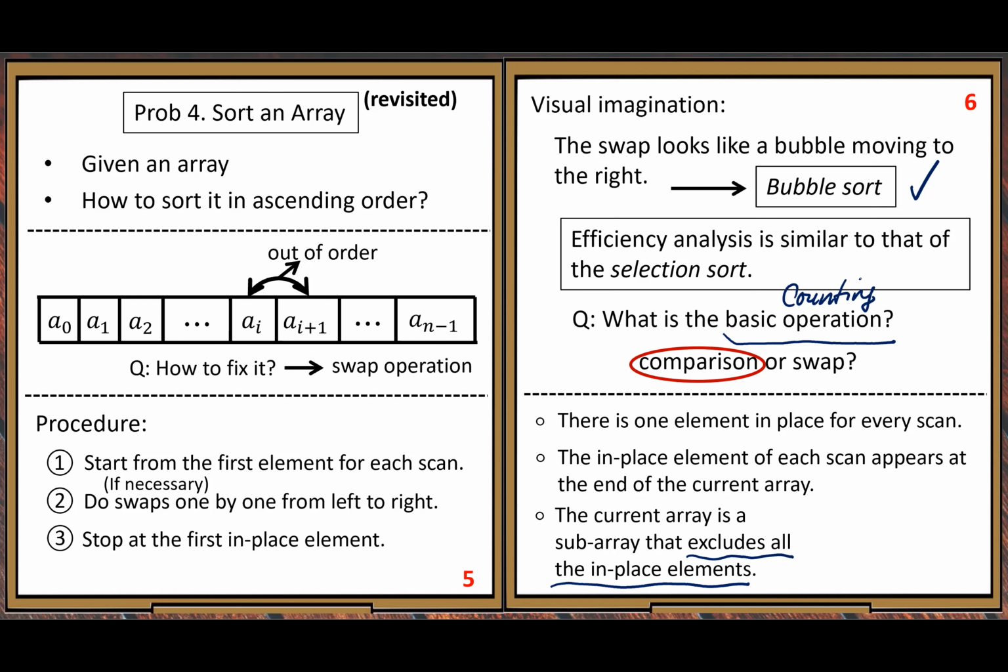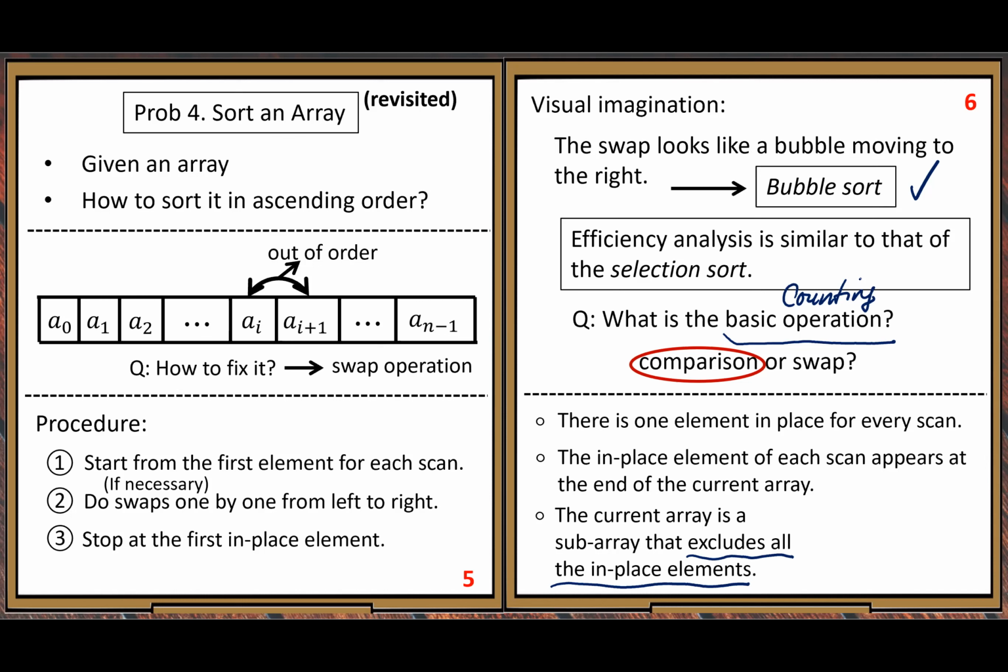Zero swap operations. For that extreme case example, you can understand comparison is more fundamental than the swap operation here.